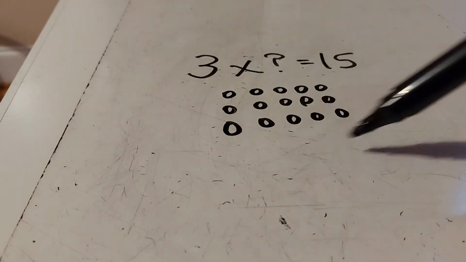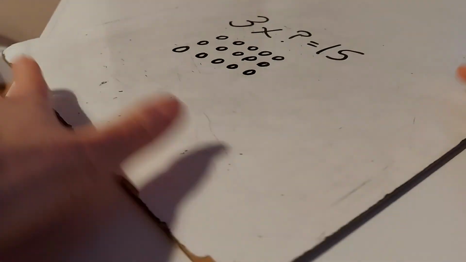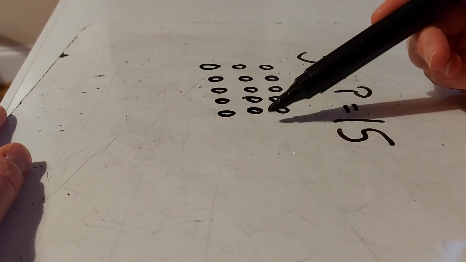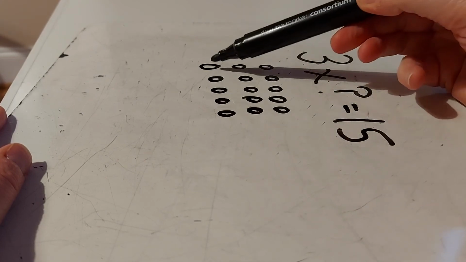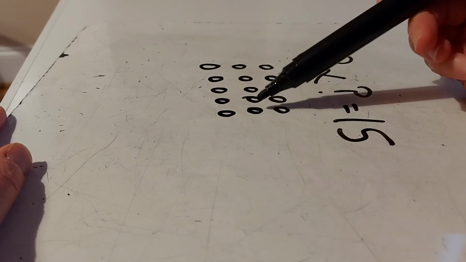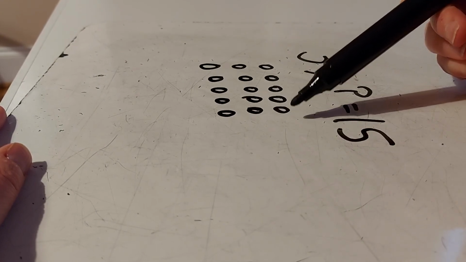So there are now 15 dots there, which means, and if we turn the board around, we can do it this way as well. There are 3 lots of 1, 2, 3, 4, 5. So there's one lot of 5 there, another lot of 5 there, another lot of 5 there. 3 groups or 3 lots of 5.